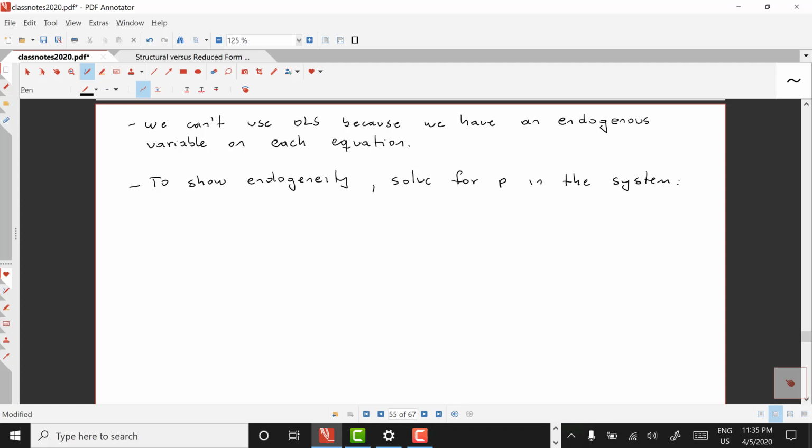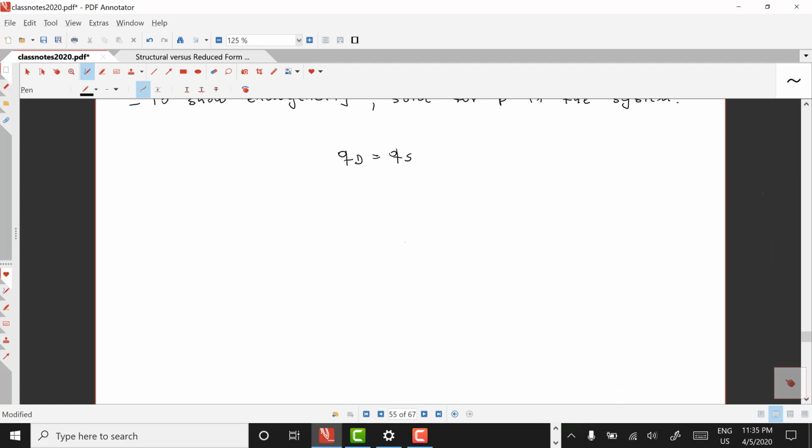Okay, so again, we said that in equilibrium the quantity demanded is equal to the quantity supplied. So basically we can equate both equations: alpha 1 plus alpha 2 P plus alpha 3 I plus the error in the demand is equal to beta 1 plus beta 2 P plus beta 3 S plus the error in the supply.